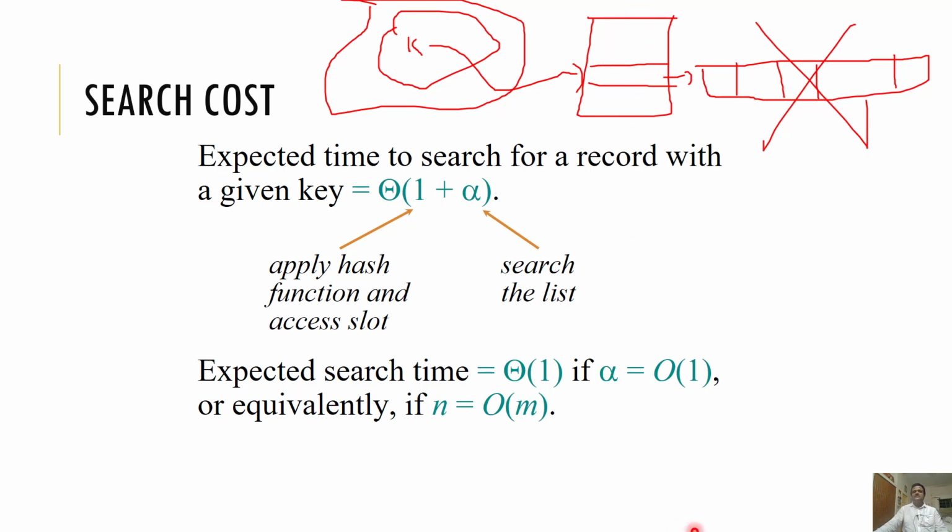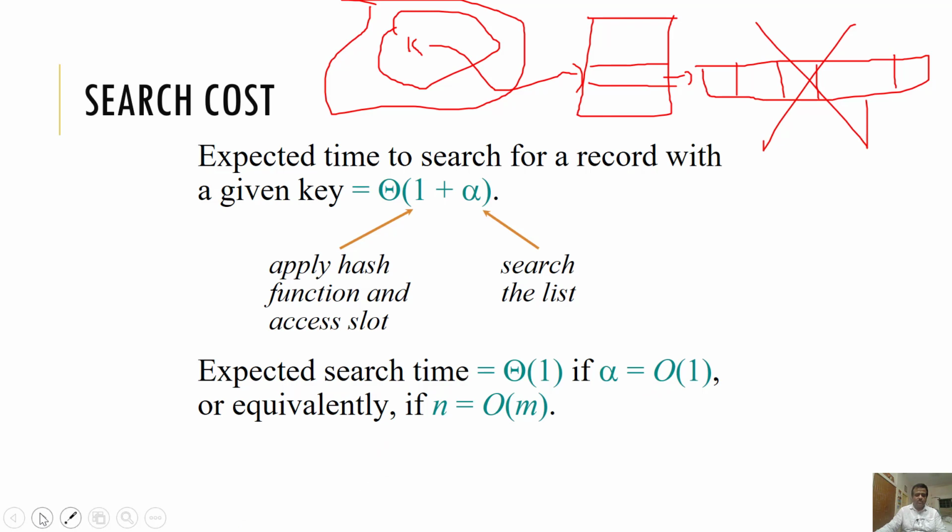Depending on this load factor, and also if the hash function is a good hash function, simple uniform hashing, we have a constant time complexity, theta of 1.